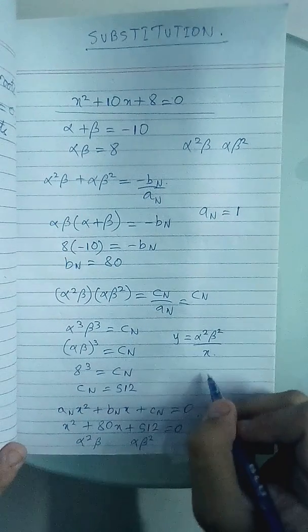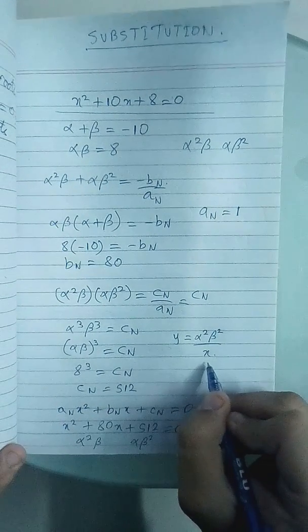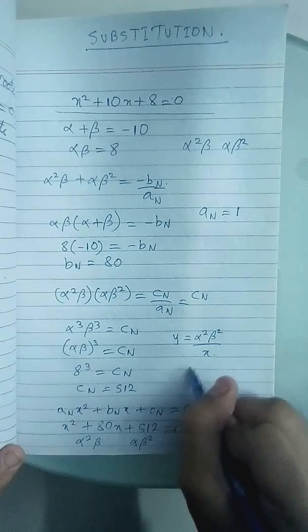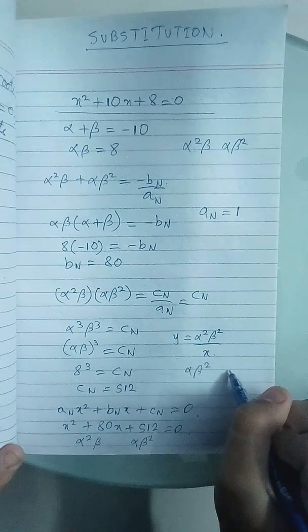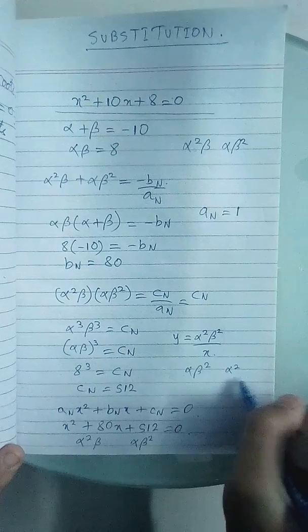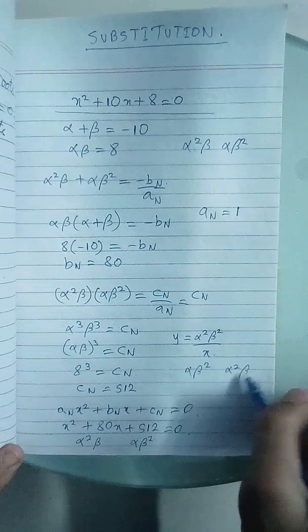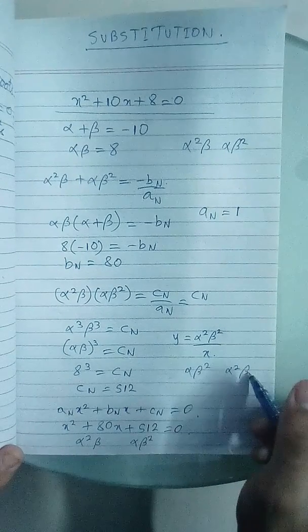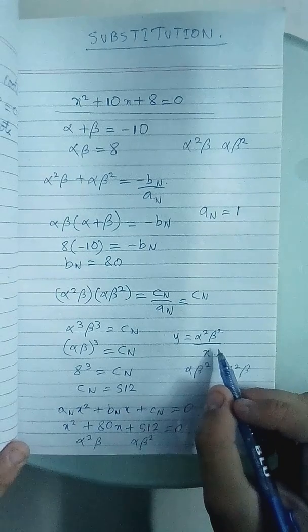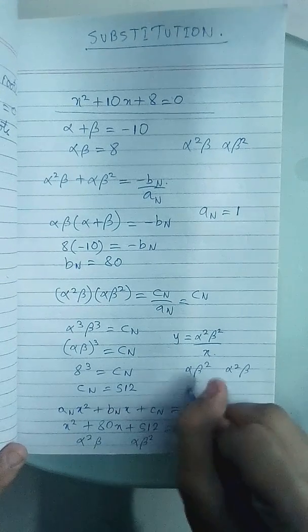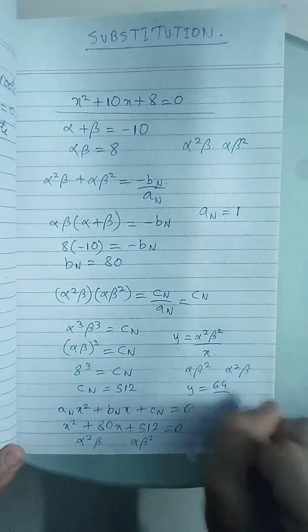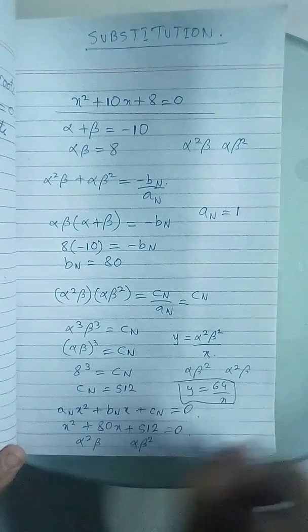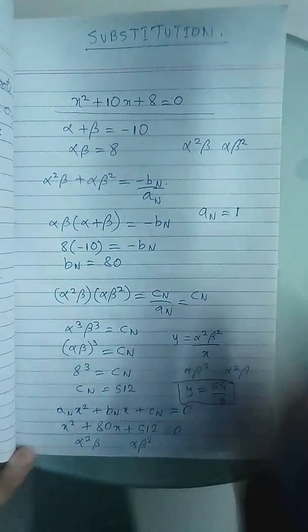If we substitute alpha in place of x, we obtain alpha beta square, and if we substitute beta, we obtain alpha square beta. Alpha square beta square is equal to 64, so y is equal to 64 over x.